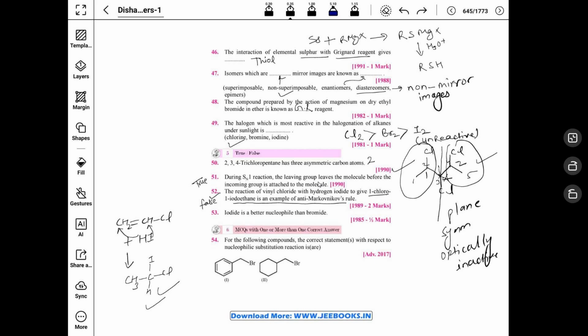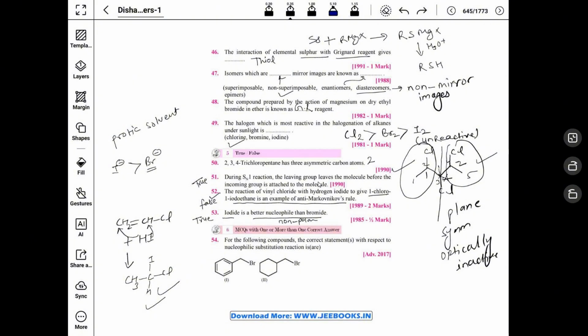Now, iodide is a better nucleophile than bromide. It is very interesting to note that iodide is a better nucleophile than bromide in protic solvent, because in protic solvent bromide will get solvated more as compared to iodide. So this is a true statement, but actually it is not clearly mentioned. If this question was in a non-protic solvent, then this would be false.